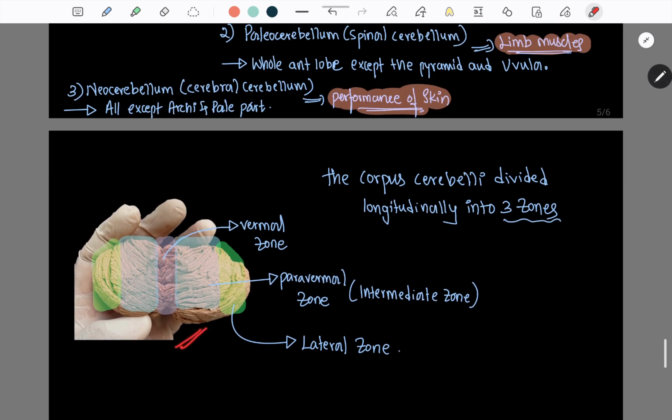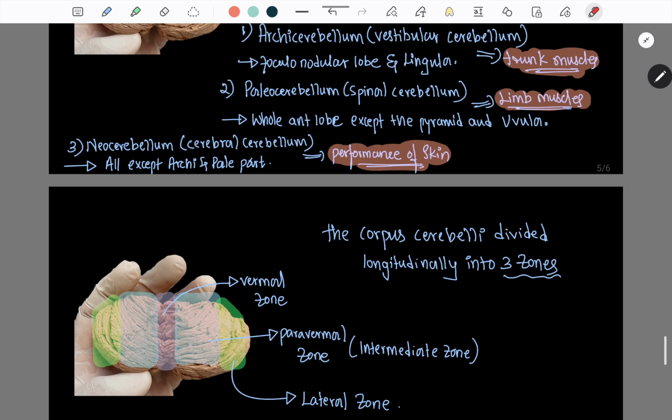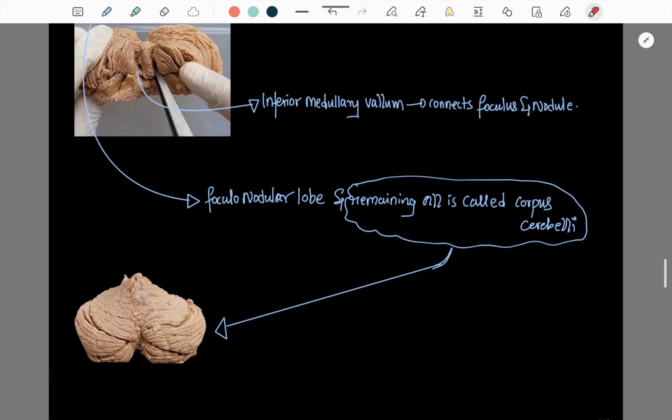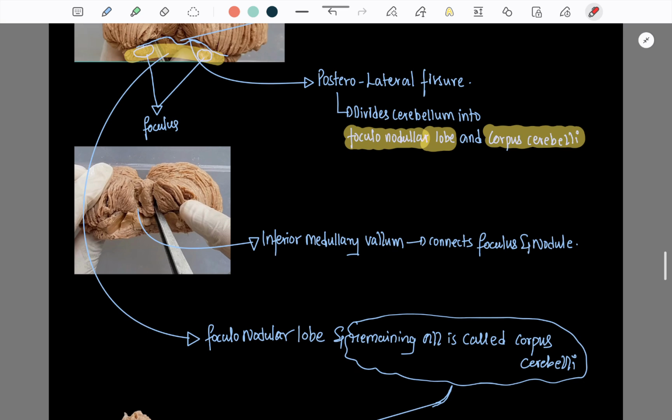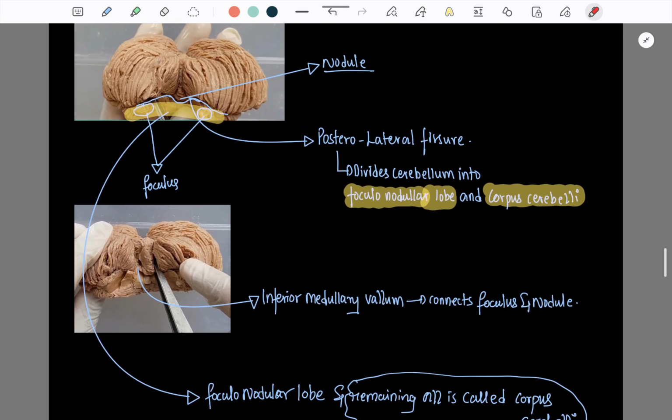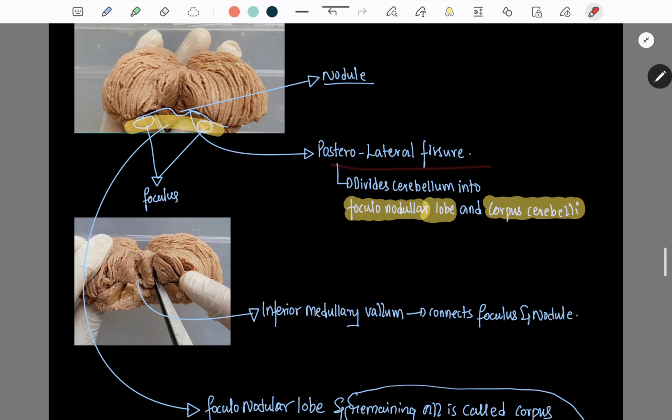In the anterior part, the corpus cerebelli is divided longitudinally into three zones. The flocculonodular lobe and the corpus cerebelli were divided by the posterolateral fissure, right?